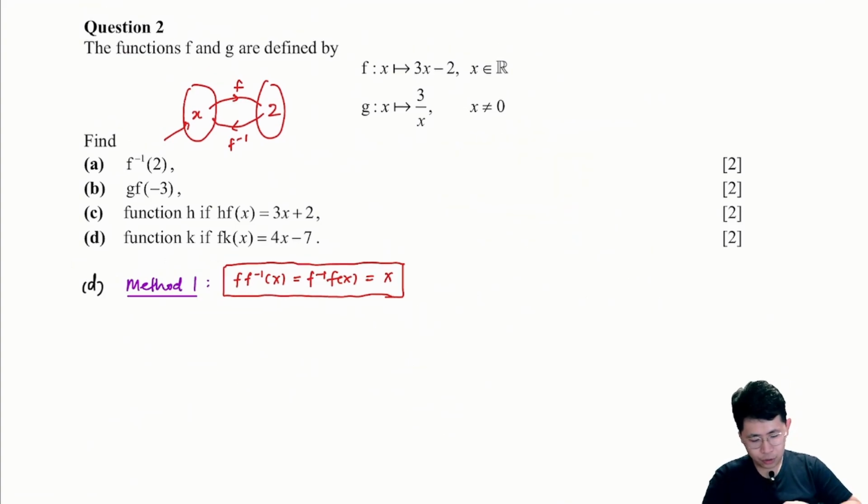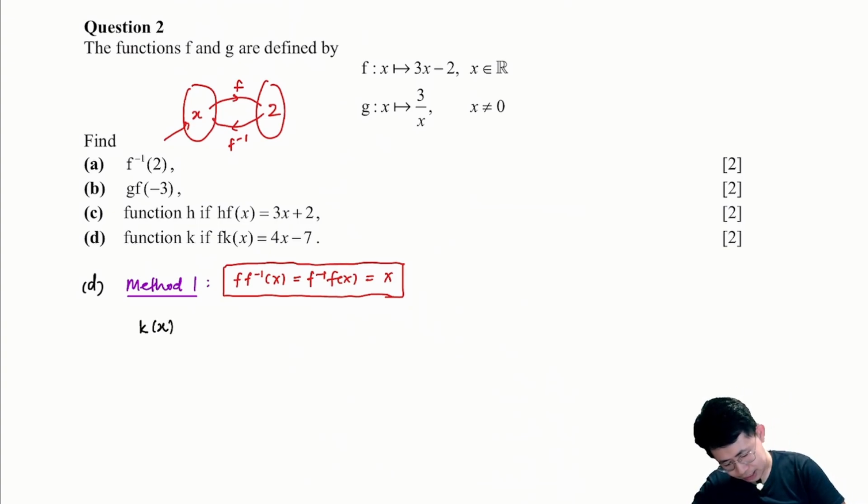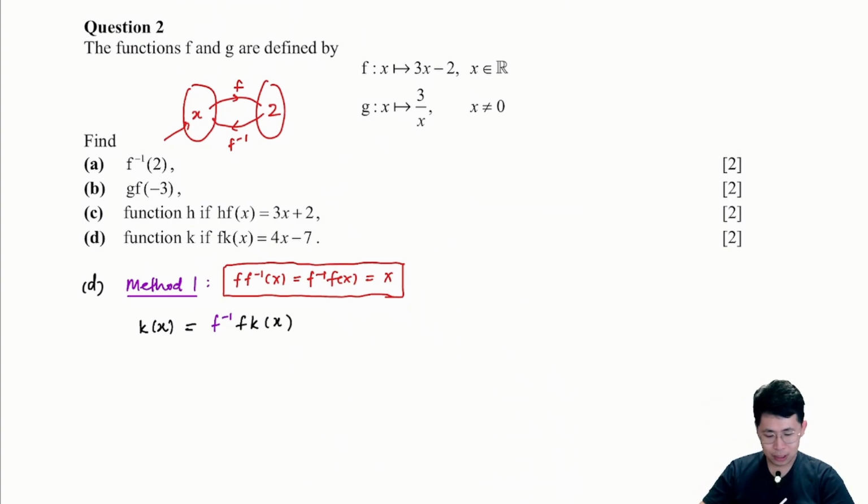Let's continue with part D. Over here I'm going to look for function k if the composite fk of x equals 4x minus 7. In order to look for k of x, where do I need to put my f? I need to put the f inverse beside my f. This is going to be the way I will do this question, which is to sub in f and f inverse to get rid of the f.